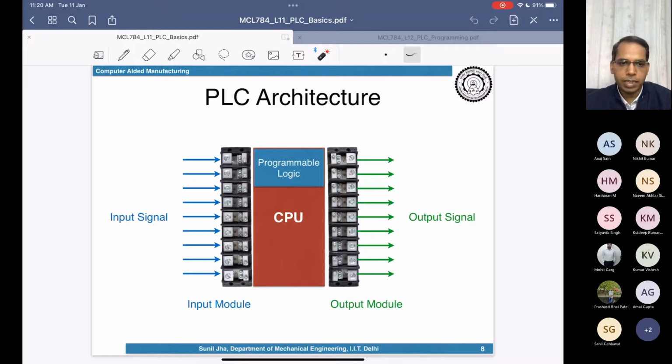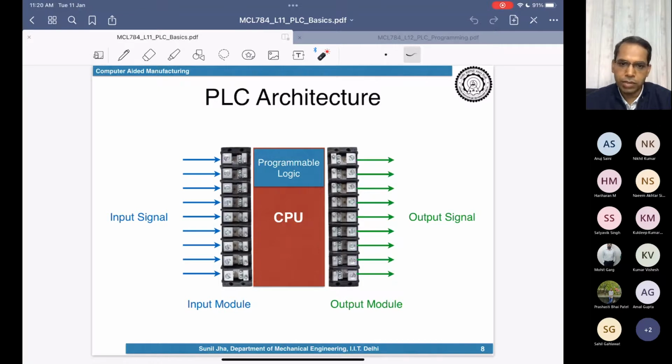For example, if I have connected a fire sensor to one of the inputs of the PLC, I would like to indicate that with a hooter. So you would make a hooter go on, or take some action like making gas flow inside the chamber, or making water spray happen.